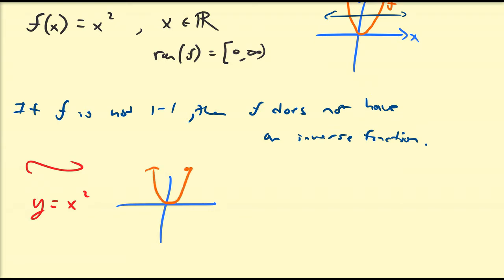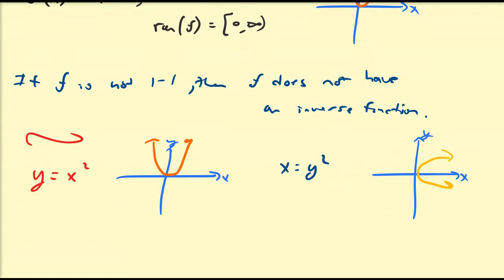So if we reverse the roles of x and y, and we have x is equal to y squared, then of course that is a relation in the xy plane. And let's assume this is x and y, then the graph of the inverse image of y equals x squared is of course a parabola on the positive x-axis instead of the positive y-axis.